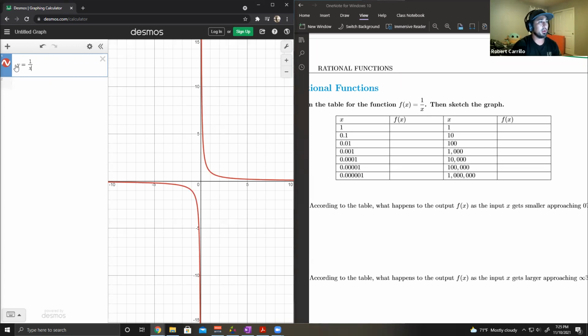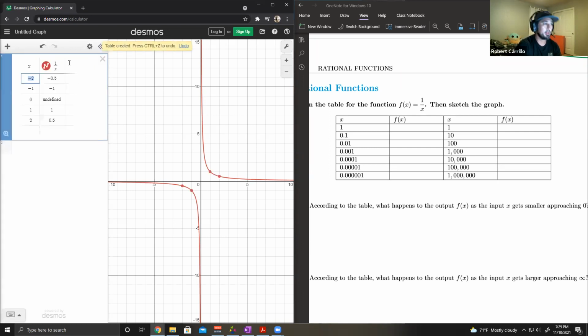And we're going to hit that little gear icon that's on Desmos. And when you hit that gear icon, you're going to pick the convert to table. So we've done this before making XY charts. Okay, and all we're going to do is type in those x values we see on this chart.